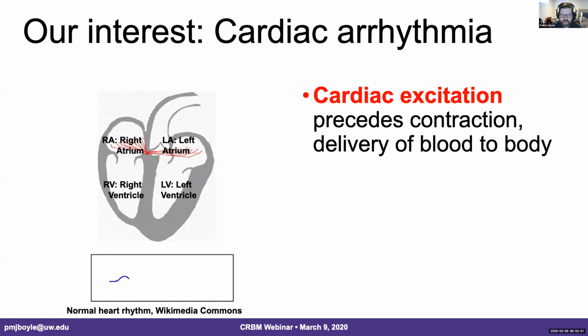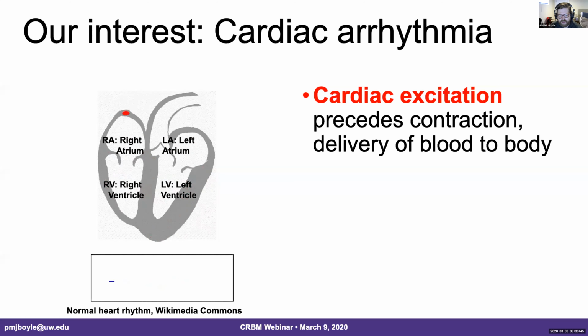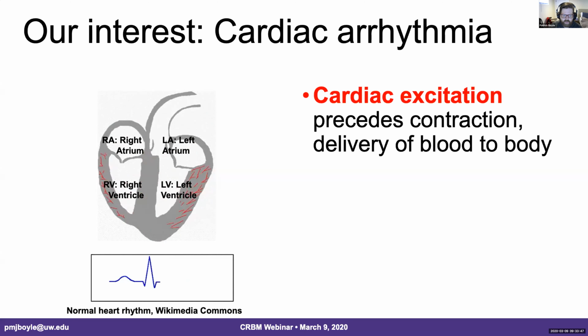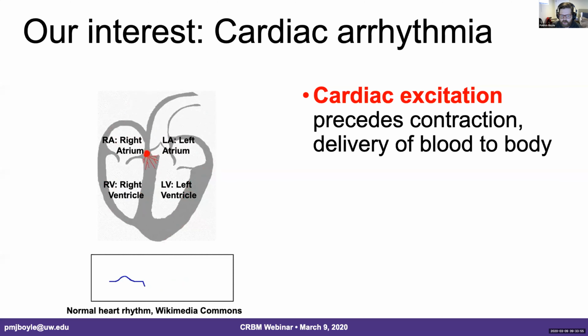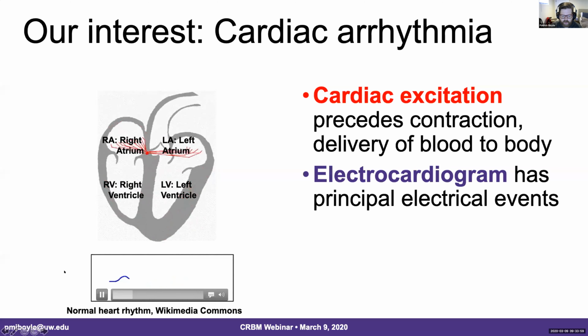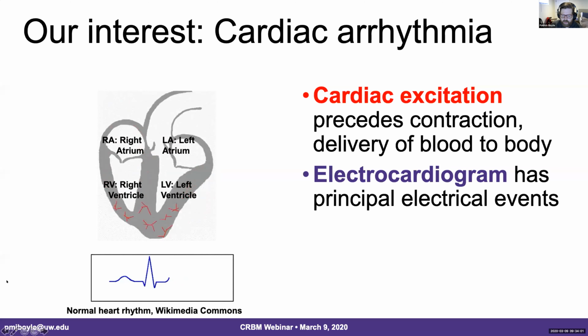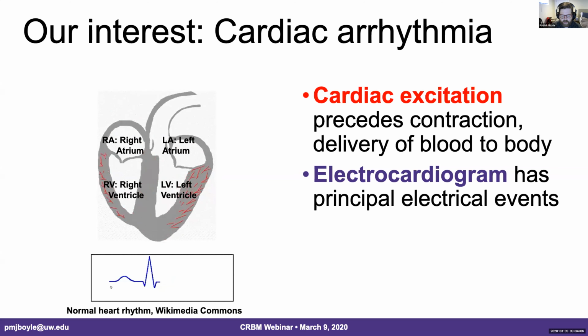Spontaneous excitation initiates, propagates through the atria, aggregates at the atrioventricular node, which is roughly at the center of the heart, and enters the Purkinje fibers that line the ventricles, resulting in excitation and contraction of the ventricles. And the electrocardiogram, this ubiquitous signal traced out at the bottom of the slide, highlights all the principal electrical events of a heartbeat.